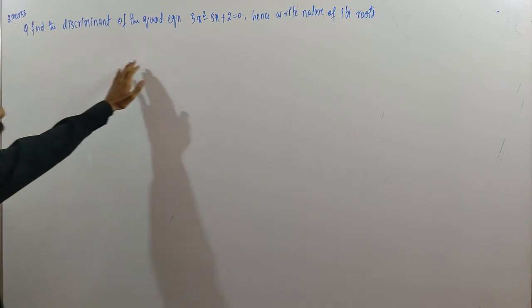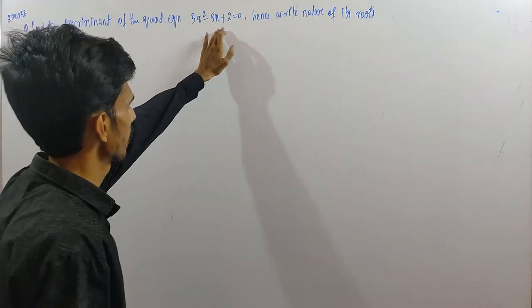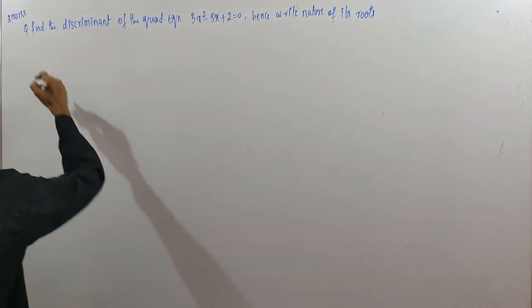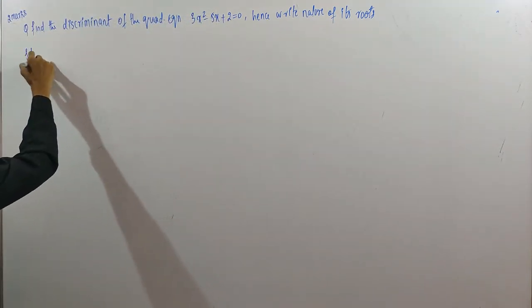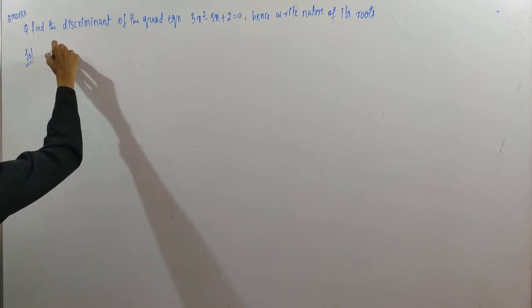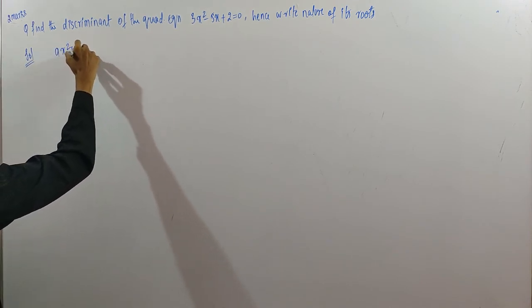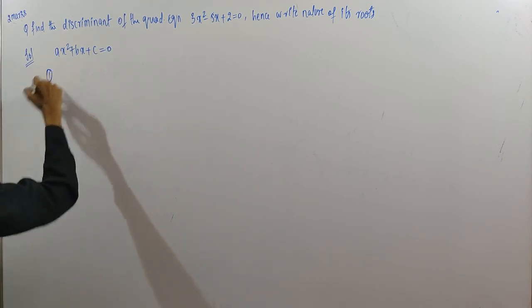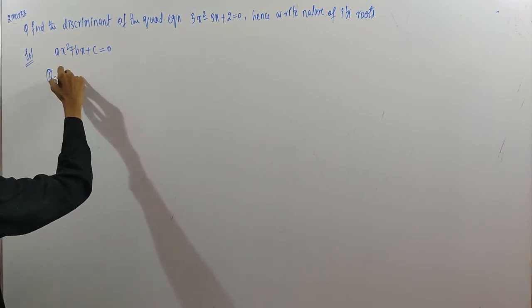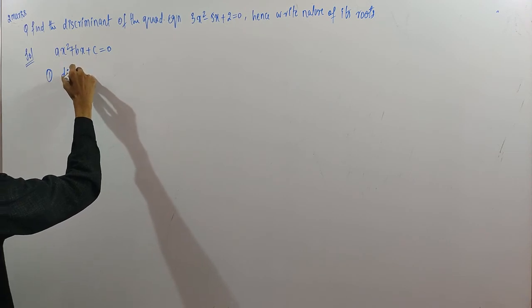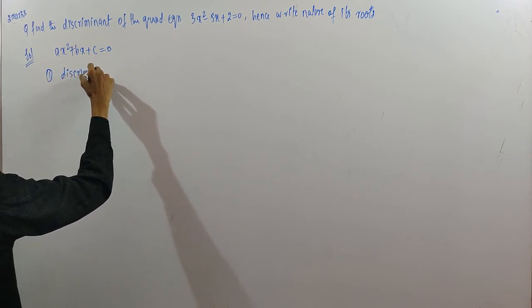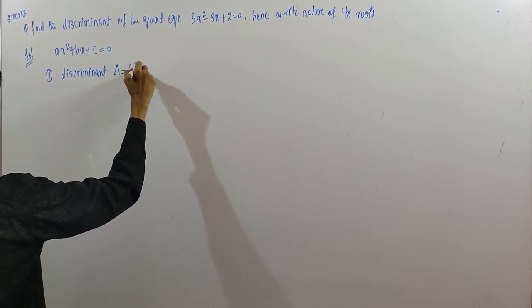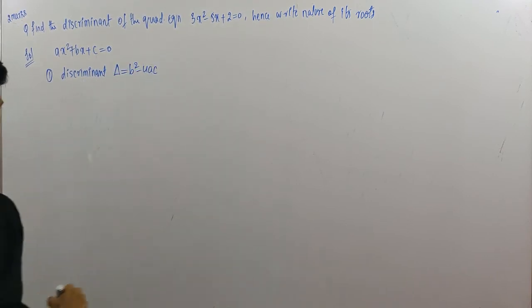Find the discriminant of the quadratic equation 3x square minus 5x plus 2 equal to 0. Hence write the nature of its roots. We know that for a standard quadratic equation ax square plus bx plus c equal to 0, we have three conditions. Discriminant delta is b square minus 4ac.